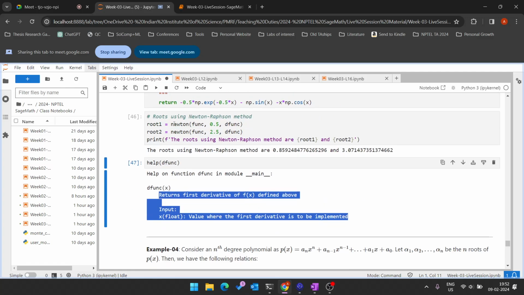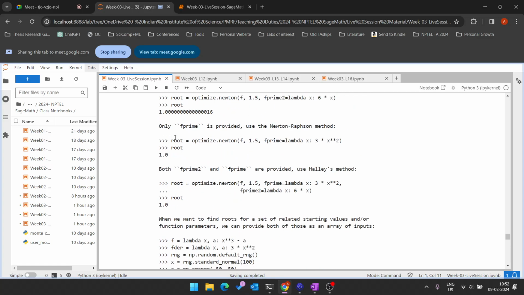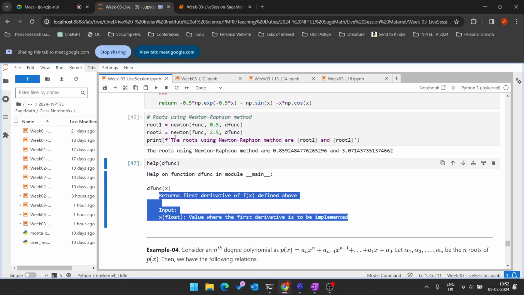So similarly, when you do a help of Newton, right? All those people who have built this SciPy module, right? They have already put a description inside those functions, which makes it easy for us to understand, interpret, and then use the functions accordingly.